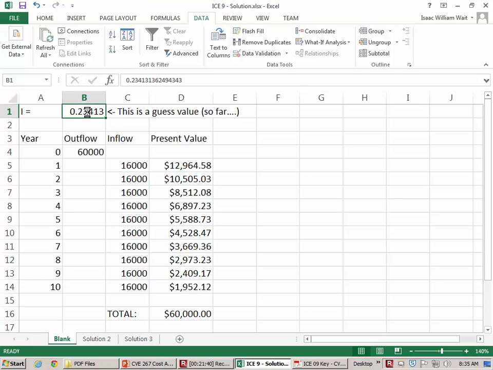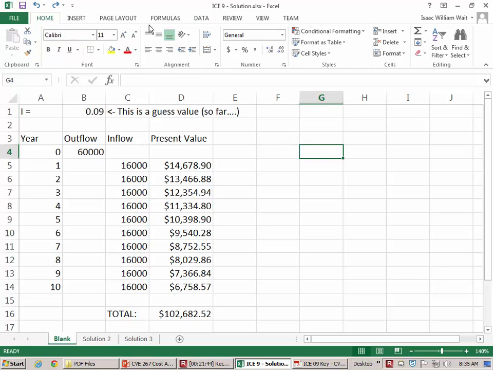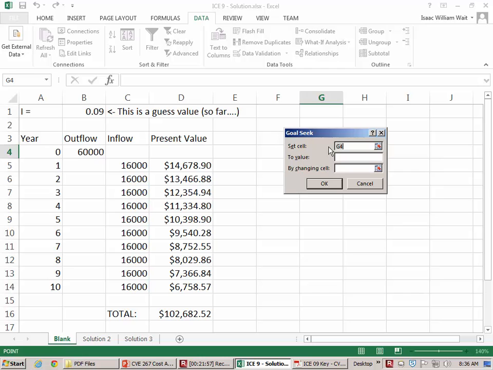Okay, so let me undo that and remind you where it is. You're starting in home. Go to data, what if analysis. And the what if here is, what if Excel did the work instead of me? So what if analysis, goal seek. It needs to know two things: what is the goal, and what can I play around with to manually iterate?